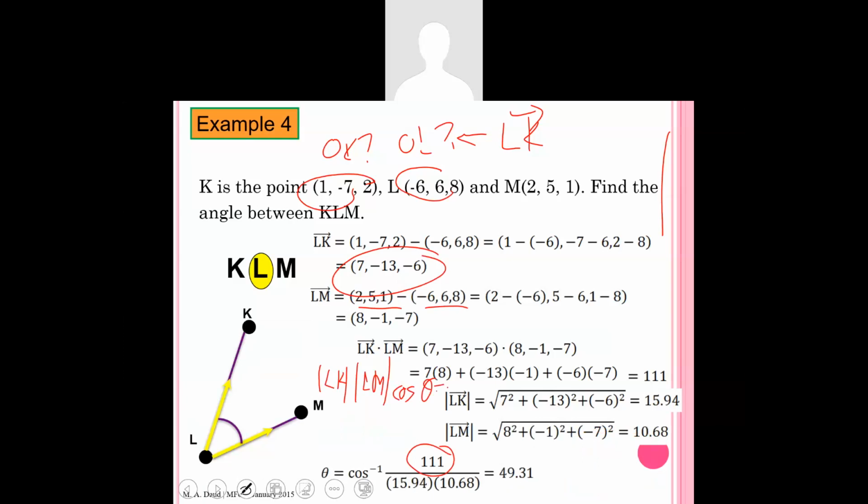So this is supposed to equal 111, right? Since we know 111, we can look for these magnitudes. You can bring this whole thing down to get your cos. So that is your equation. Therefore, the angle between KLM is 49.31.